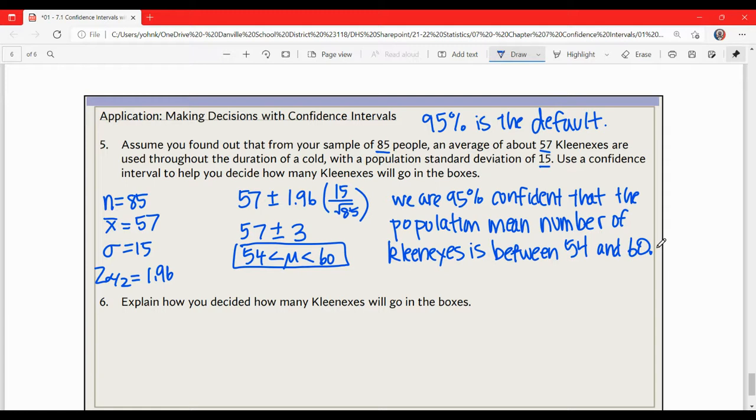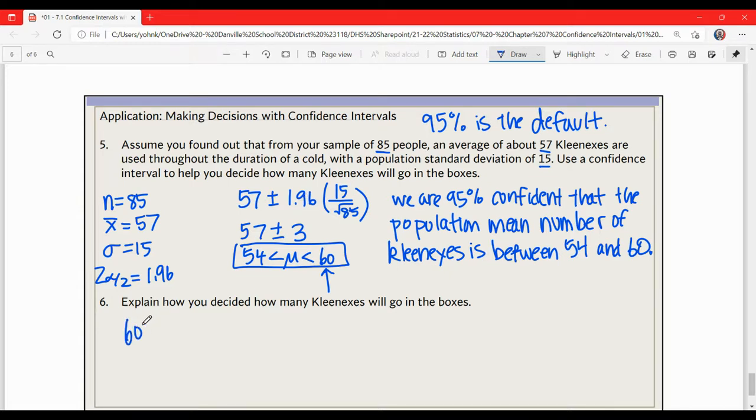All right, so explain how you decided how many Kleenexes will go in the box. Well, 60 seems to be the most reasonable. And if you notice, it's about 2 standard deviations above the mean, which means it's going to encompass a good majority of the people.